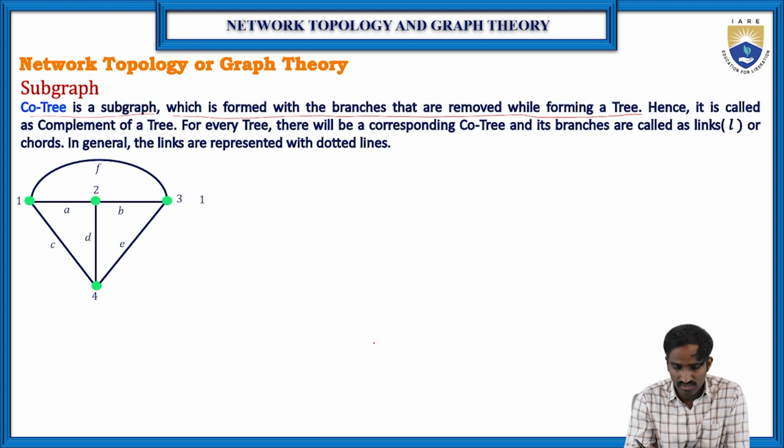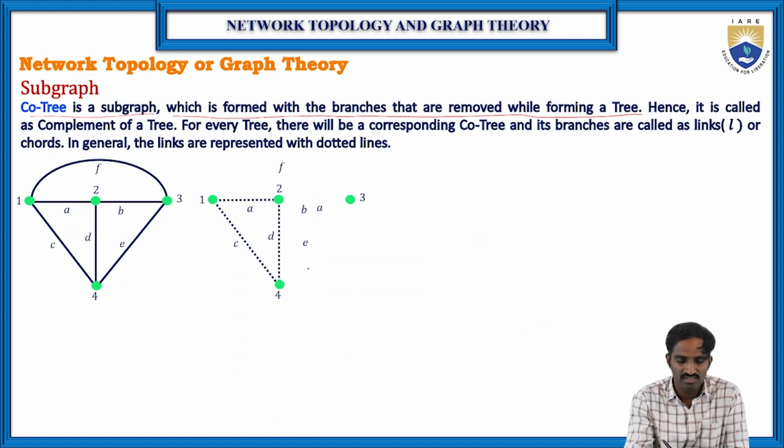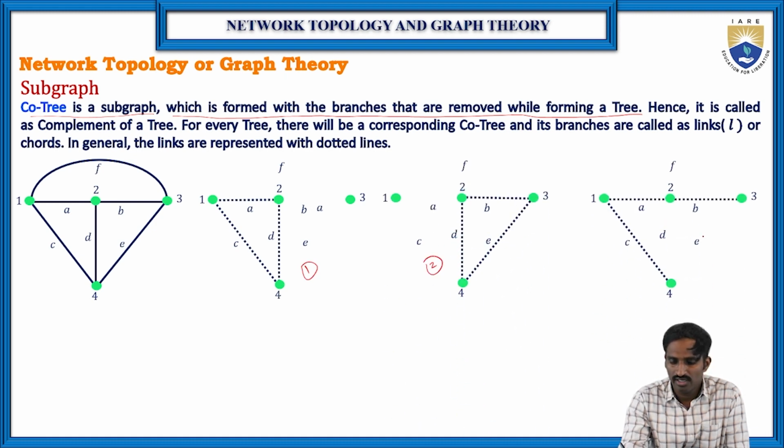The same co-trees are represented here. You can see this is the first co-tree, this is the second, and this is the third. As you can see, 1 and 2 are closed loops, but 3 is not a closed loop. So there is no condition that it should or should not have a closed loop; it may or may not have one.